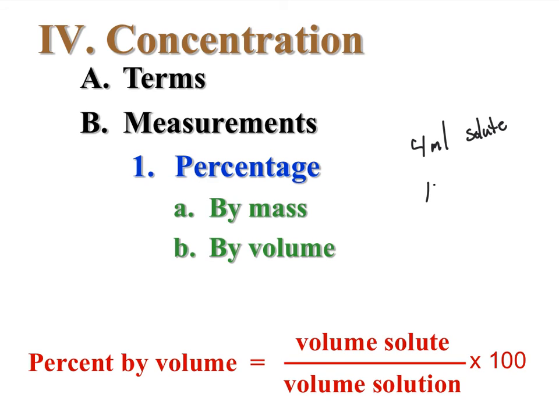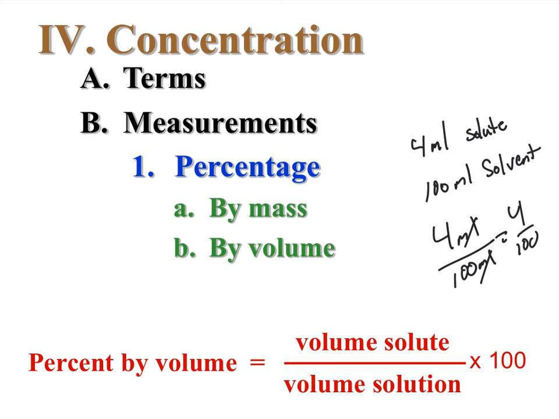And you have 100 milliliters of solvent. So how would you do that? You just take 4 milliliters and divide it by 100 milliliters. Milliliters cancel out, equals 4 over 100, which equals 0.04 times 100 equals 4%, right? So there you have 4%. You multiply times 100% by volume.